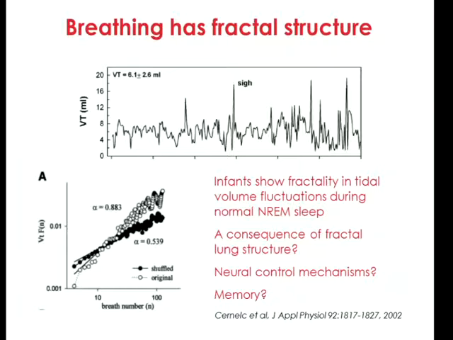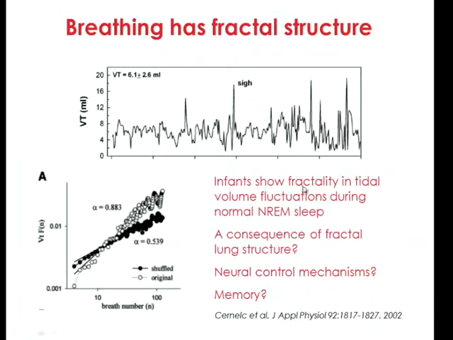If you have a slope greater than 0.5, then you have a strong relationship between variability at the short time window and variability at the long time window, so there's a structure to the signal that's very different to what you expect from a statistically random signal. That's basically what it is.